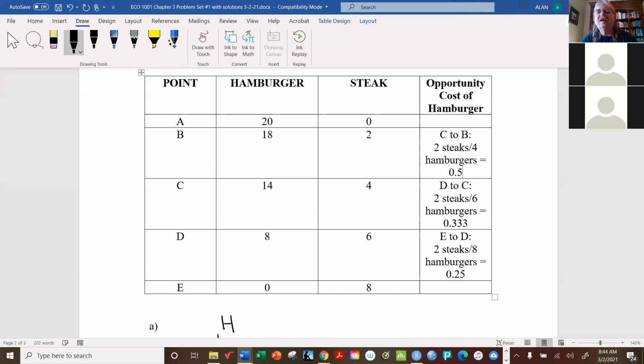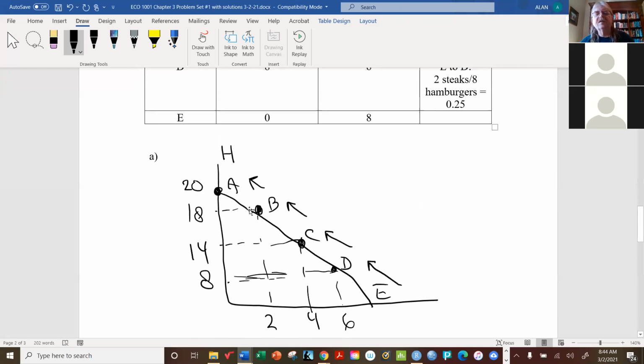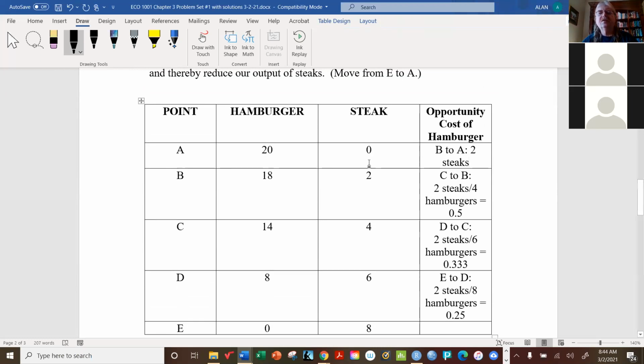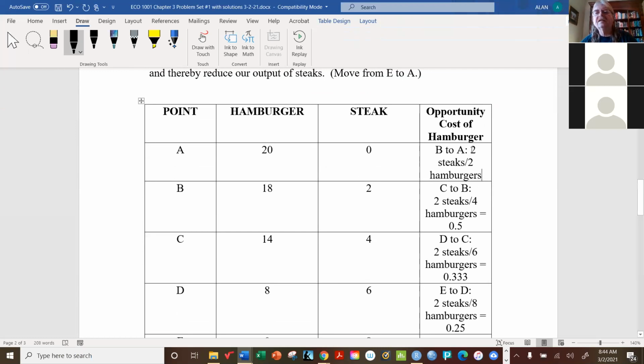So the ratio is 0.5. Okay, and then finally, we move up to the very top from B to A. We lose 2 steaks again from 2 to 0, but this time we only gain 2 hamburgers. Well, that suddenly brings us up to 1.